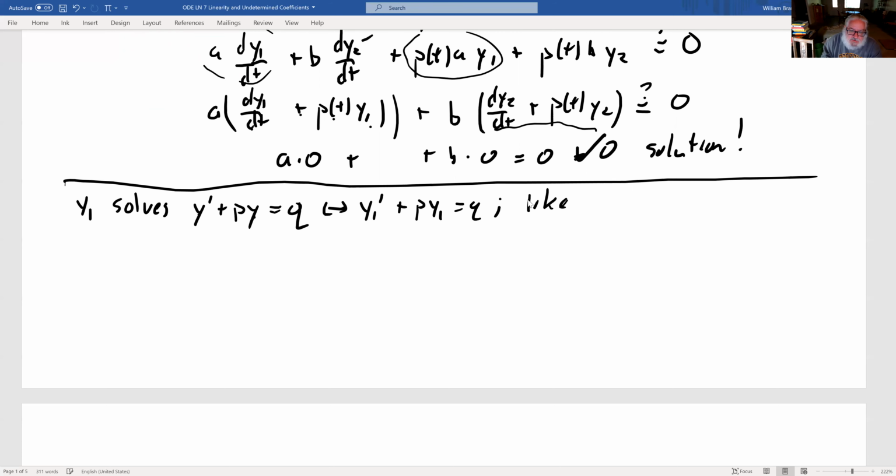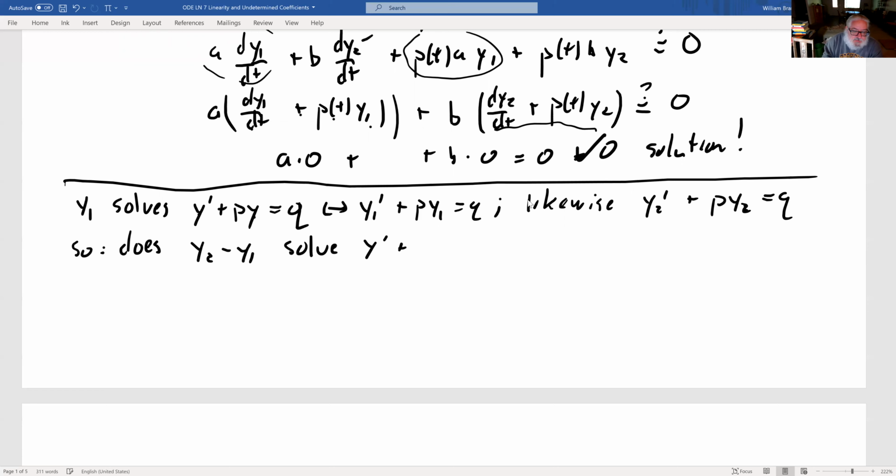Likewise, since y2 is a solution, that means if I plug it into the non-homogeneous equation, it works. And so y2 prime plus py2 is q. So does y2 minus y1 solve y prime plus py equals 0, which is the homogeneous equation?